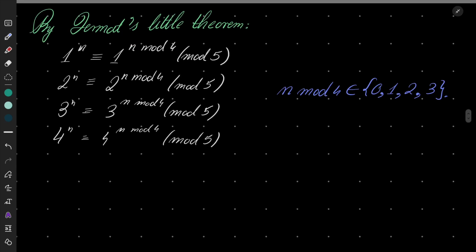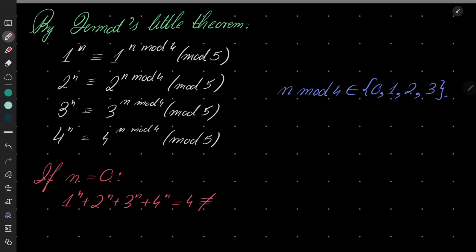So let's do it. If n equals 0, what happens then? 1 to the power of n, 2 to the power of n, 3 to the power of n, 4 to the power of n, it's just 4, and it is not congruent to 0 modulo 5.